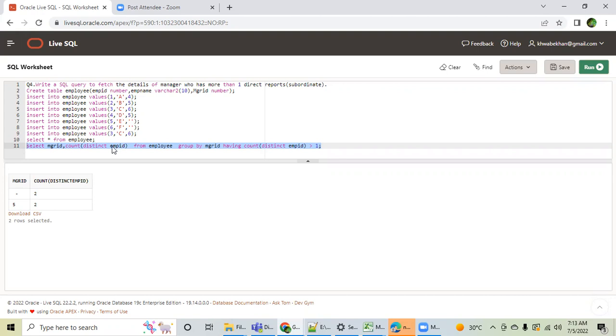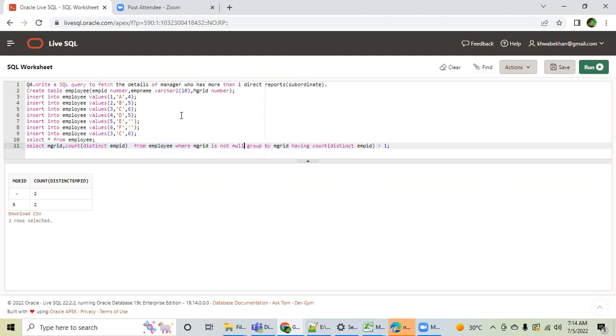Now you can ask, why is null also coming? Null is not a valid manager ID. I don't want to see this null. Just show me the valid manager IDs only. Then what do I have to do in this query? I will apply a filter condition where manager ID is not null.